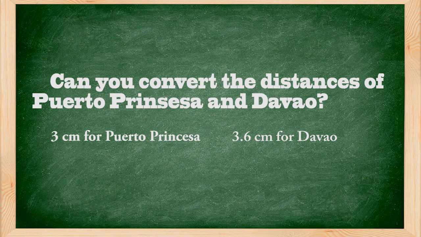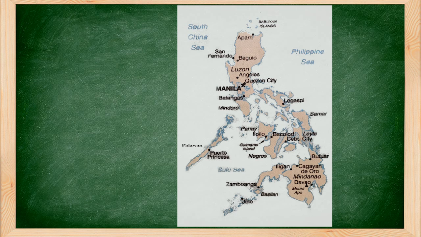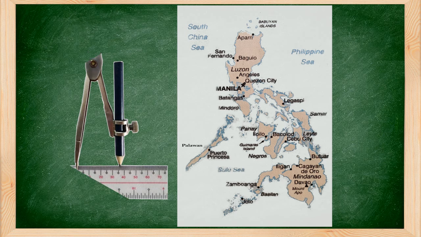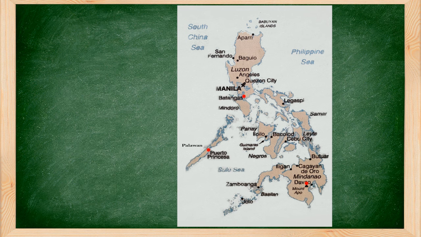Perfect! For procedure number 4, now, using a ruler, let's set the radius of the following recording stations in your drawing compass. Example for Batangas, the radius is 3.75 centimeters. Procedure number 5, center your drawing compass on the station you have chosen.